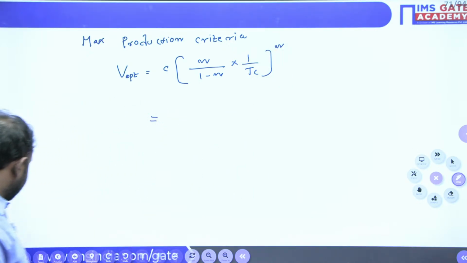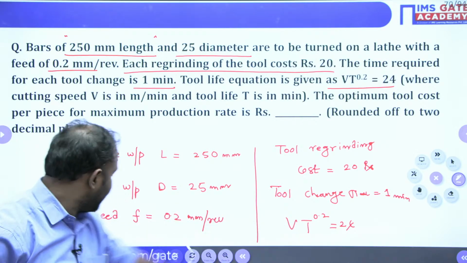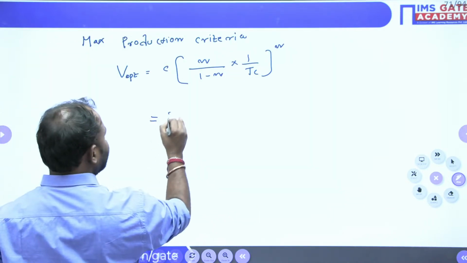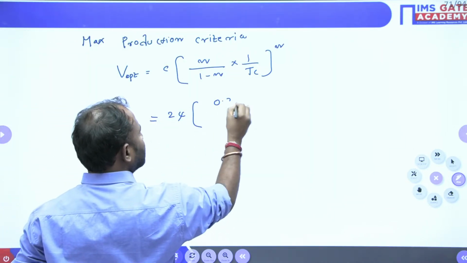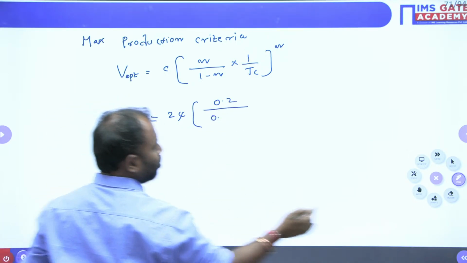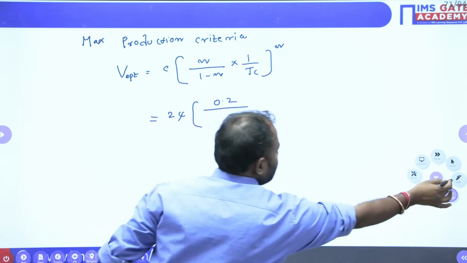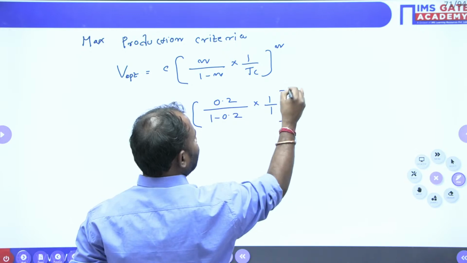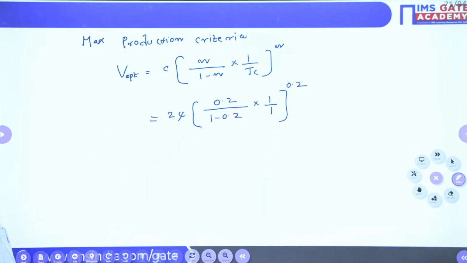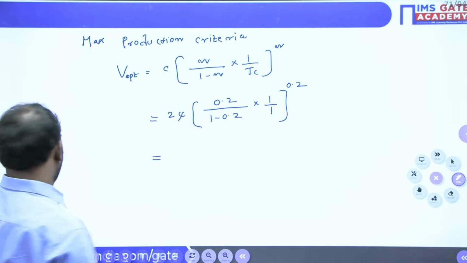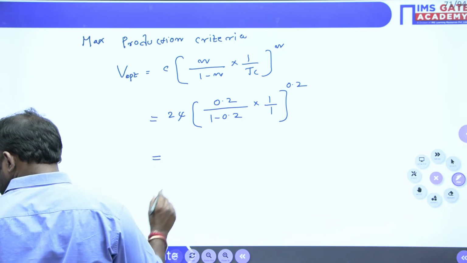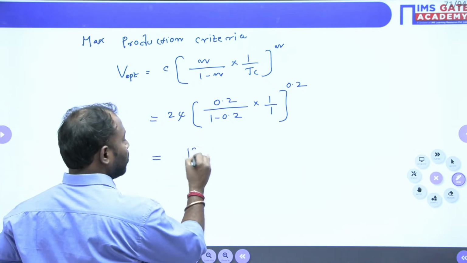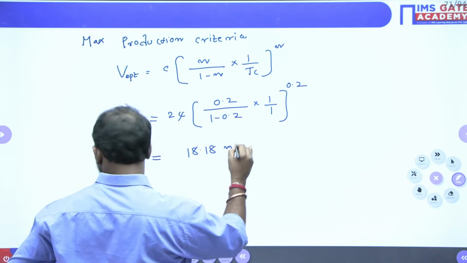C is given in the problem, C is equal to 24, and n equal to 0.2. So V optimum equals 24 into 0.2 by (1 minus 0.2) into (1 by 1) whole power 0.2. From there I am going to get V optimum as 18.18 meters per minute.